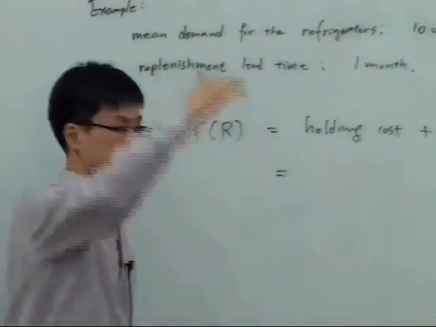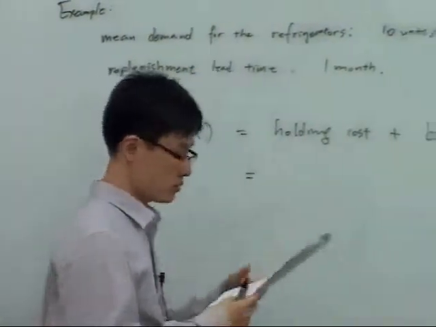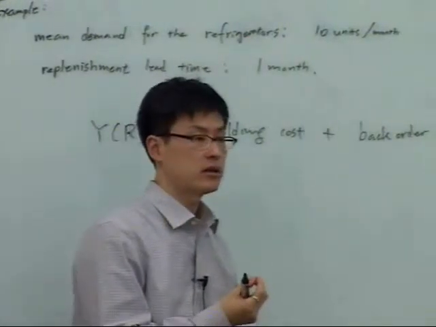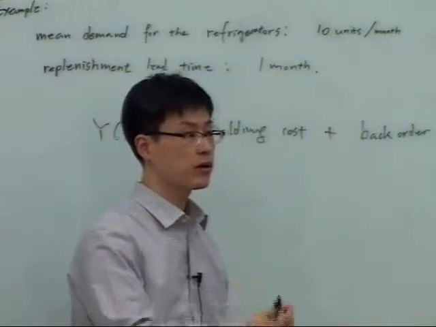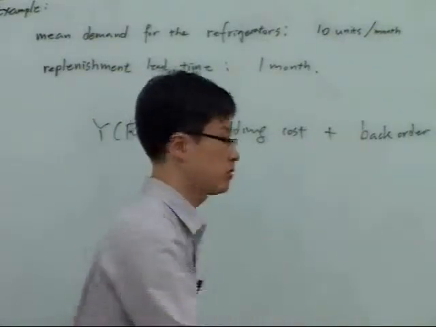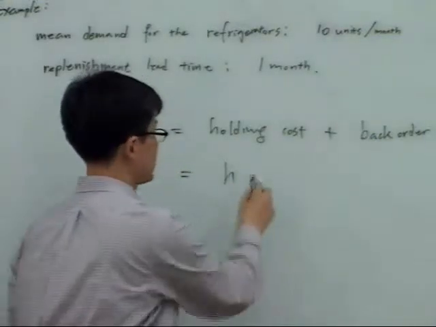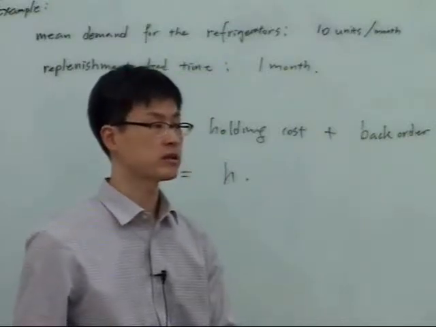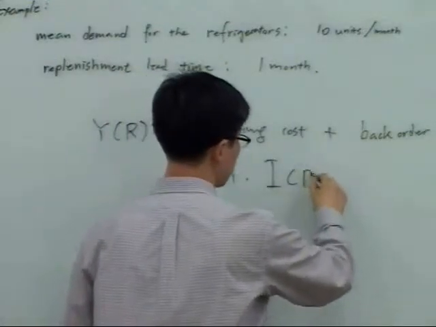Based on the parameter definitions, the holding cost can be calculated as the holding cost per unit per time, which was H, times the average on-hand inventory, which was given as IR.